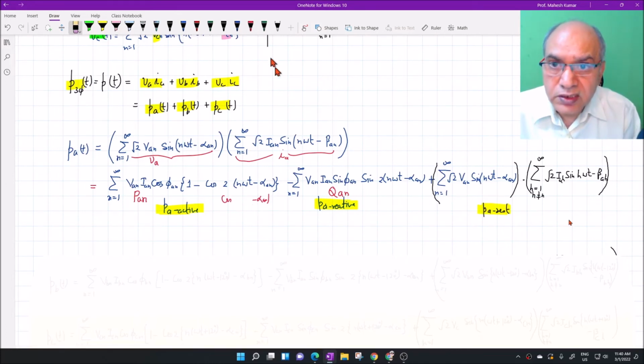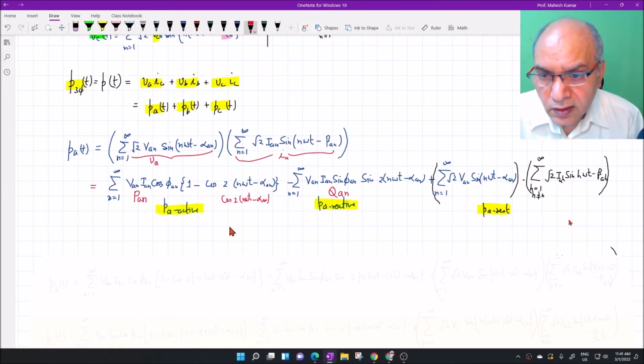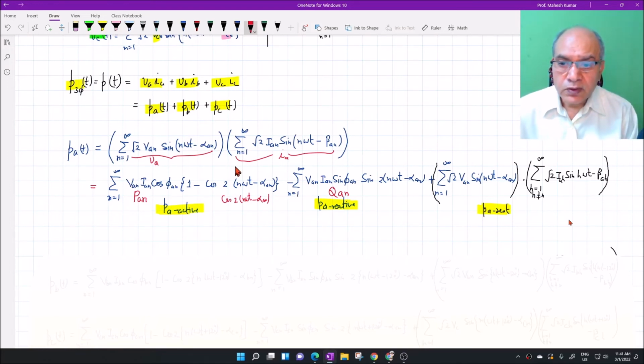This becomes twice n omega t minus alpha, and 1 minus cos, because of collecting the coefficients of cos and sine. So this becomes 1 minus cos(2 n omega t minus alpha n). You can solve yourself and verify; you must get the same expression.